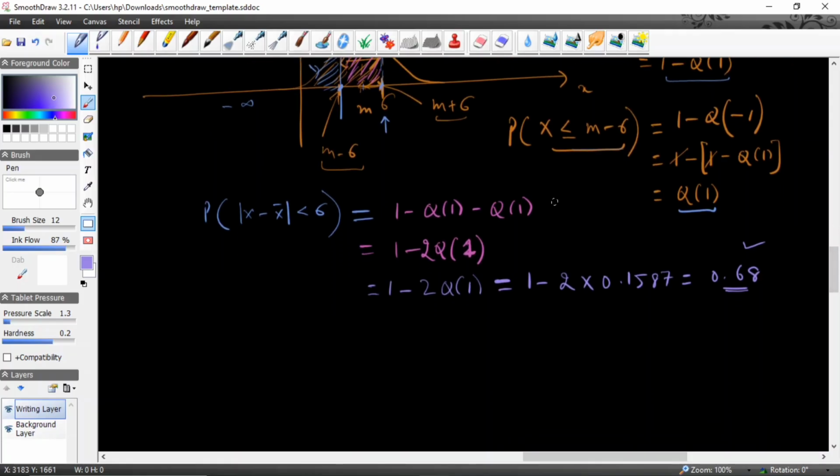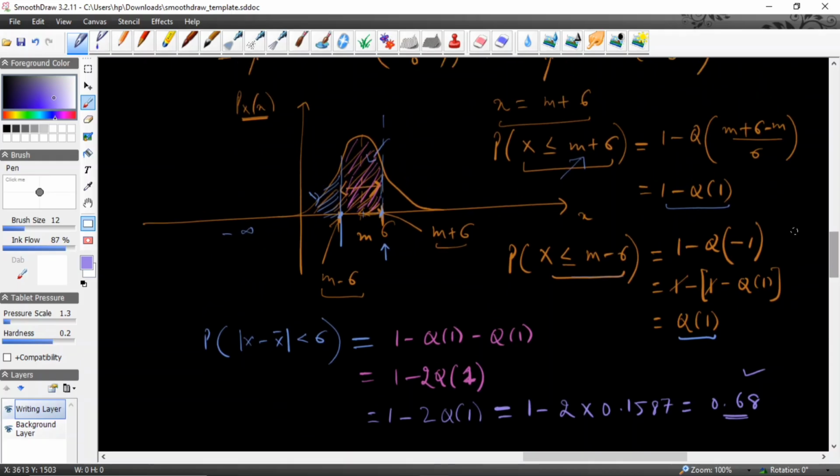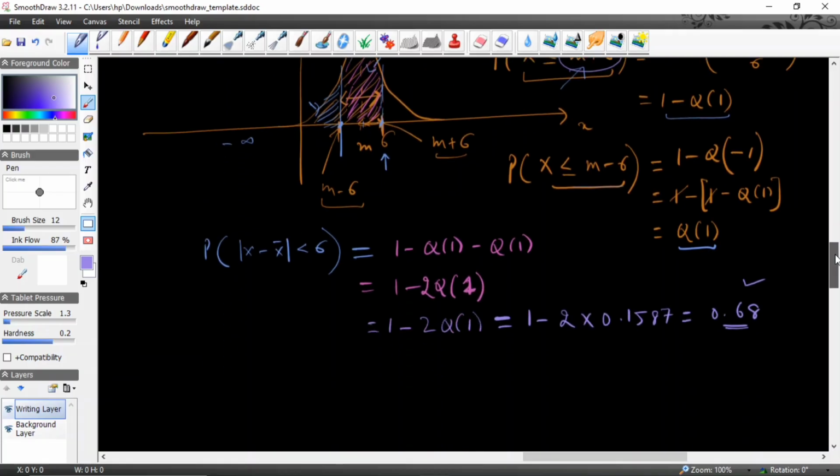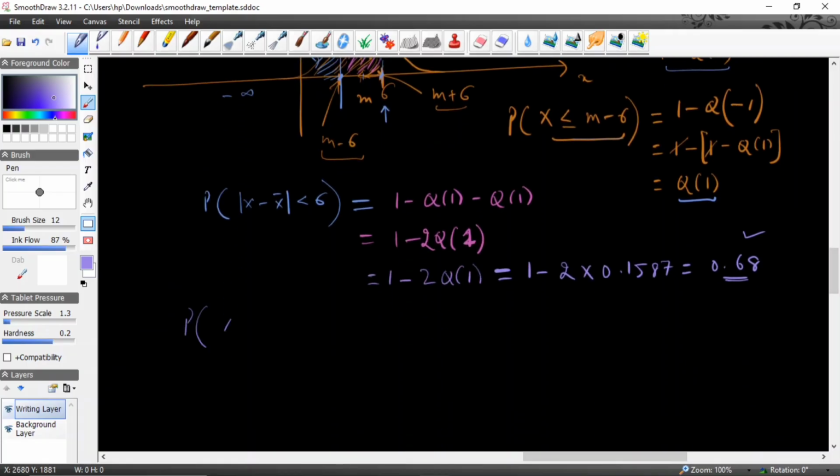Okay. Likewise, if you take this point as m plus 2 sigma, then definitely you will get Q of 2 and Q of 2 here. If you take m plus 3 sigma, then your m and m get cancelled, you will get 3 sigma by sigma, you will get Q of 3. So I can say the probability of x minus x bar less than 2 sigma will be equal to 1 minus 2 times Q of 2, and you can look for this Q of 2 function, you will get 0.94.